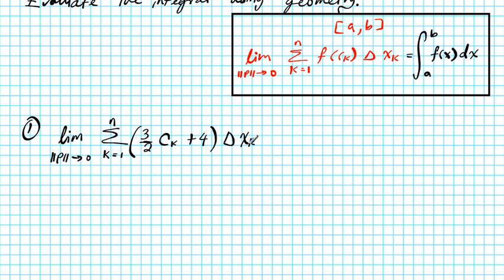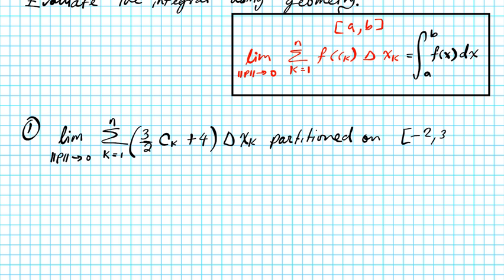Let's say that this limit of Riemann sum is partitioned on negative 2 to 3.